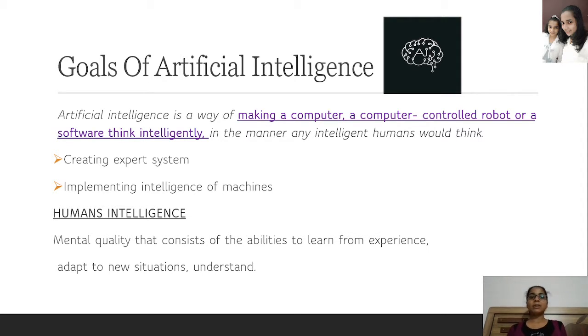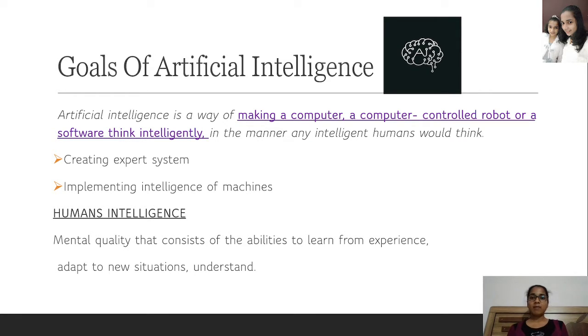We even learned about the daily uses of AI, that are smart cars, drone, smartphones, online ads, digital assistants, game playing, etc. So now in this session we'll learn about the goals of artificial intelligence, in which first is creating expert systems.